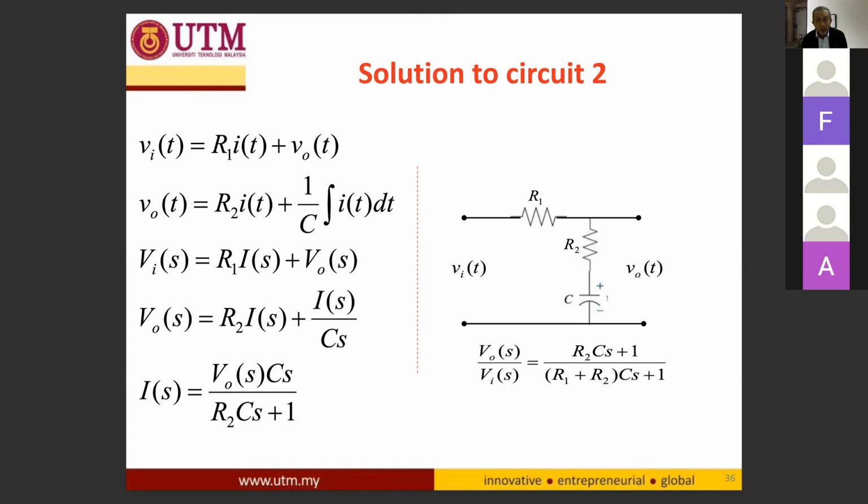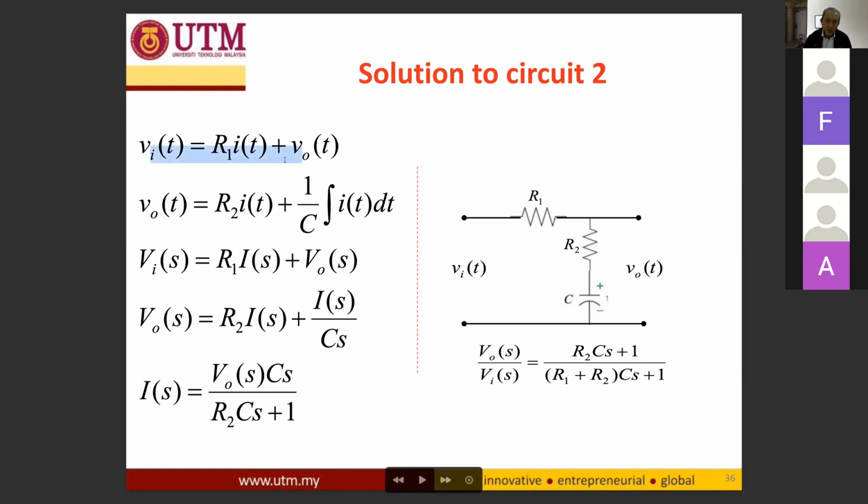Now we move to circuit number 2, where you are given 2 resistances and 1 capacitance, and we have input and output as V in and V out. Again we use the same concept as in circuit 1.